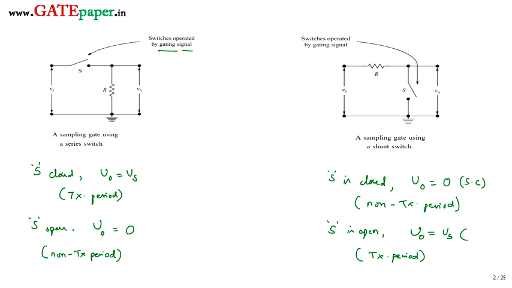So now we'll see the basic difference between a logic gate and a sampling gate. Generally, whenever we say gate, the first thing that comes to mind is the logic gate. But what we are going to discuss is the sampling gate. What is the difference between logic gate and sampling gate?